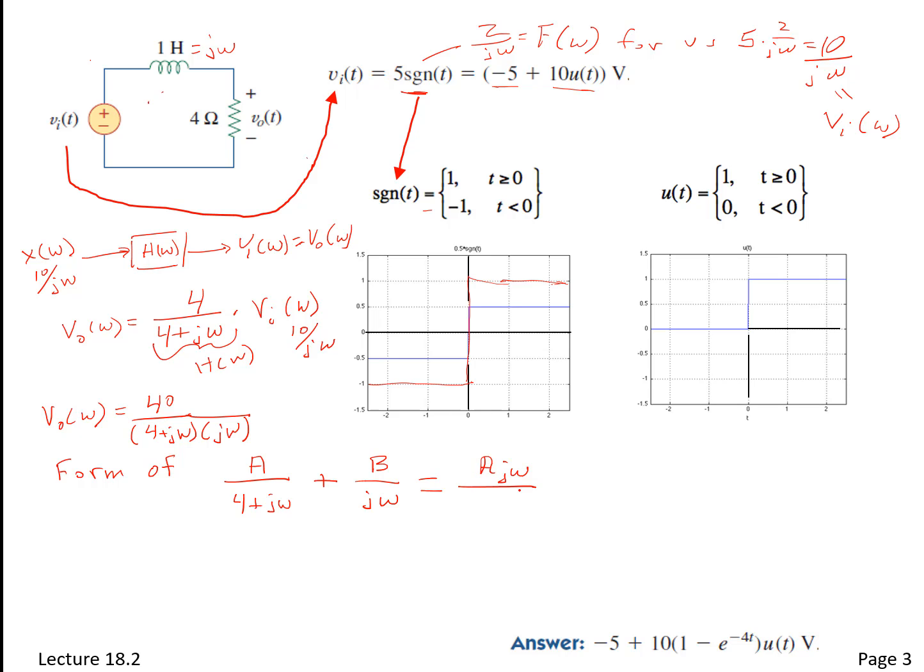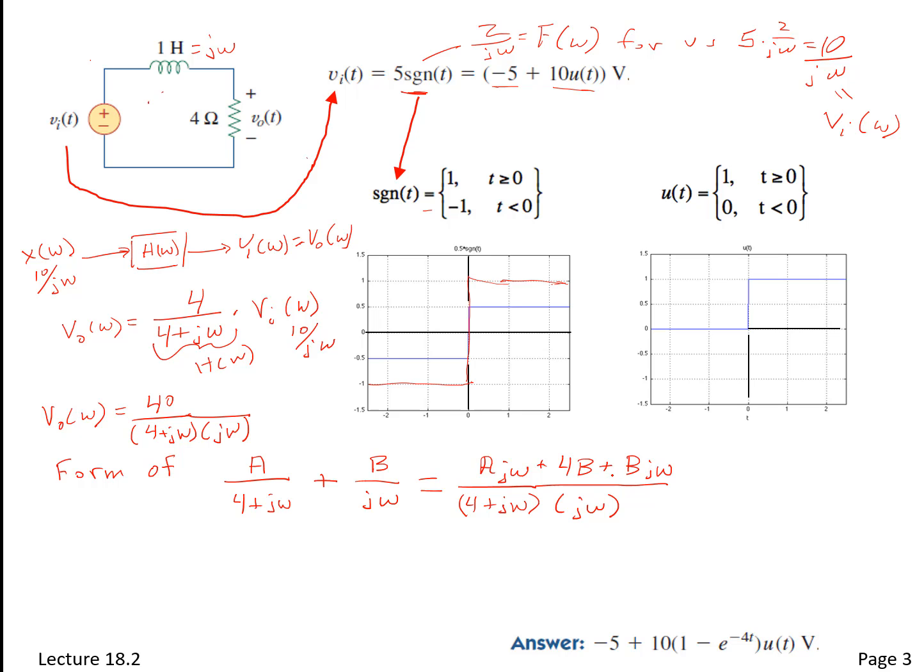A j omega over 4 plus j omega, I'm going to take that times that plus that times that, and then they go over a common denominator. So A j omega plus 4B plus B j omega, times j omega, right?